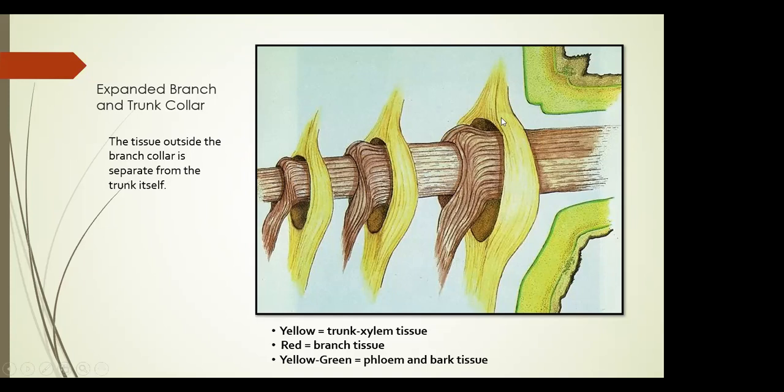We don't want to wound the trunk wood, because when we do that, then we can introduce decay. If we cut it here, the decay problems will be in this part of the tree only. They won't be in the trunk. They'll be only in the branch. And then the tree can stop the decay from going inside and causing it to become weakened.